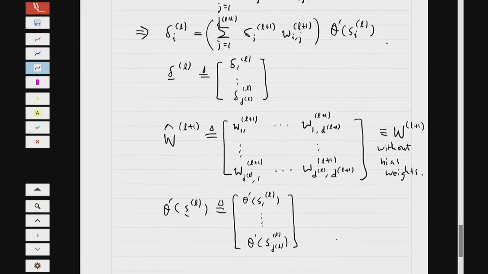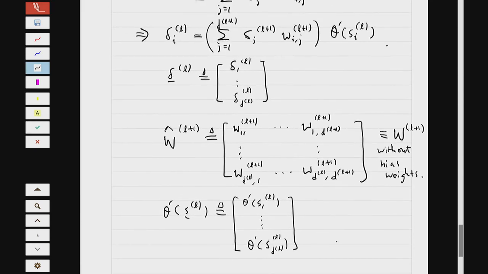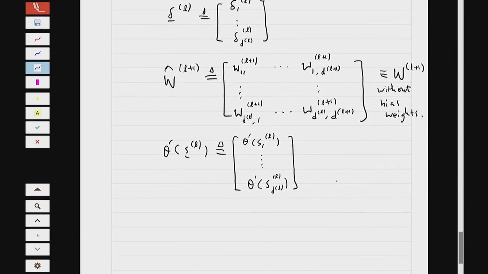Once you write these together, to express the line on top in a compact form, we simply write this: delta at layer L turns out to be equal to W hat of L plus 1 multiplying the delta vector at L plus 1, and this whole thing is now a vector.